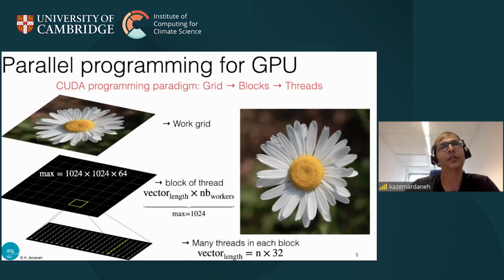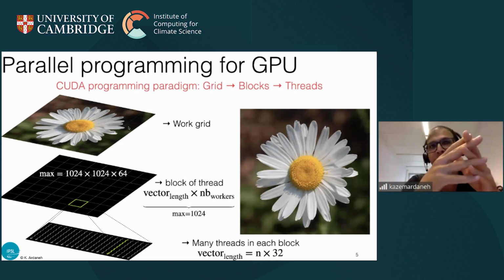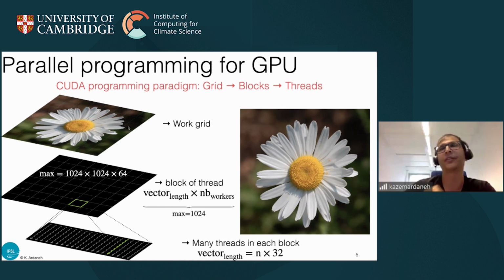What we use here is based on the CUDA programming paradigm, which divides the work into grids, and in each grid we have blocks of work, and each block of work is divided into threads of work.